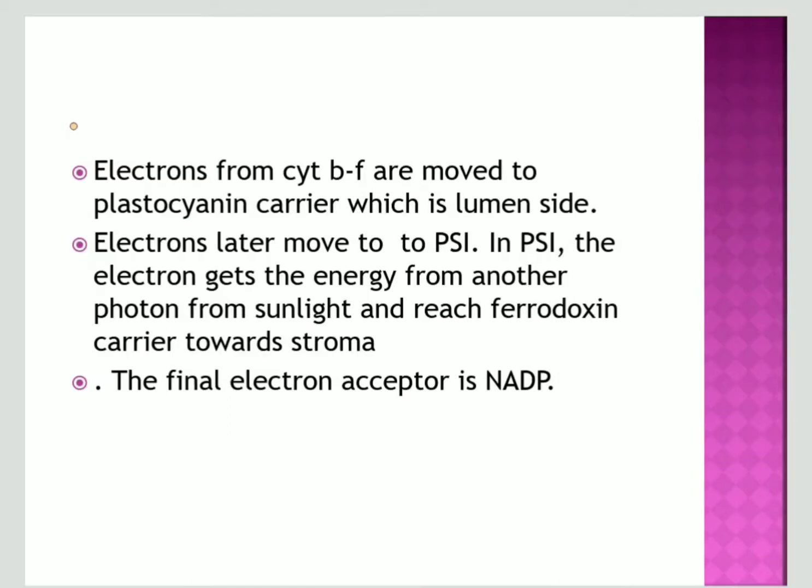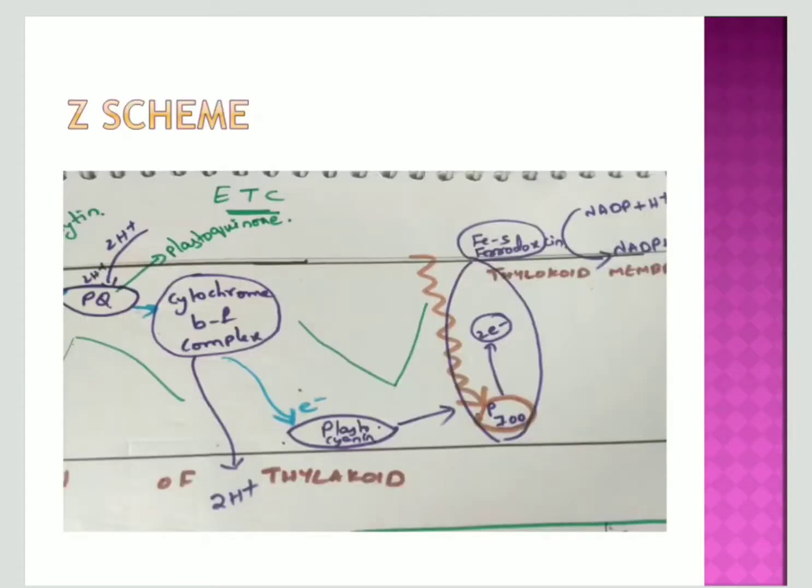These electrons from the plastocyanin as well as the excited electrons will reach the next carrier, the ferredoxin. Ferredoxin, FeS, is iron-sulfur containing and lies towards the stroma region. So from the P700, that is photosystem 1, they move to the ferredoxin towards the stroma region. There the reduction reaction takes place.